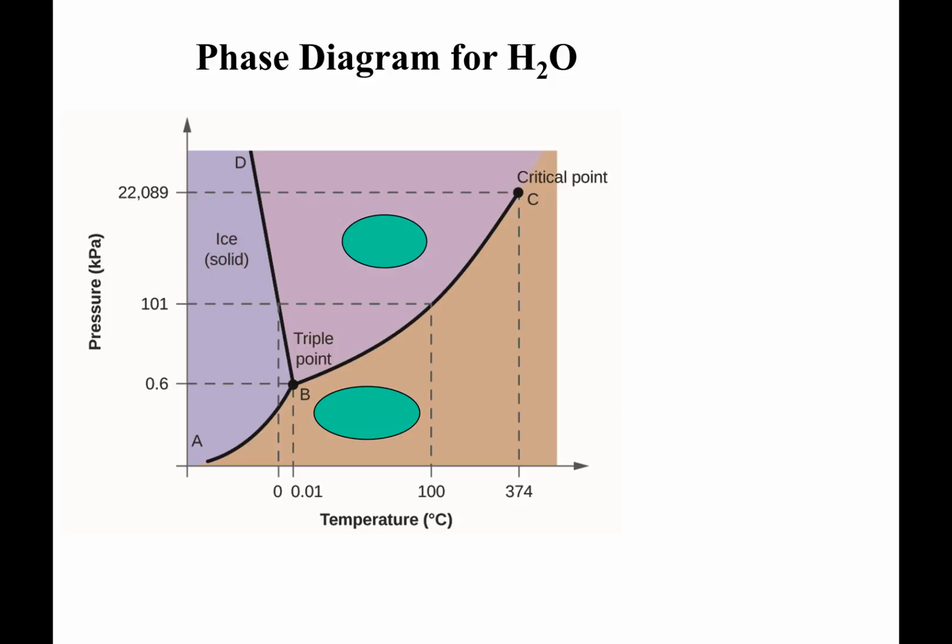That sector, in this case of water, is water in its solid state. This right here is water in its liquid state. And this right here is water in its gaseous state. Solid, liquid, gas. They kind of look like a Y. And all phase diagrams have a similar look to them.